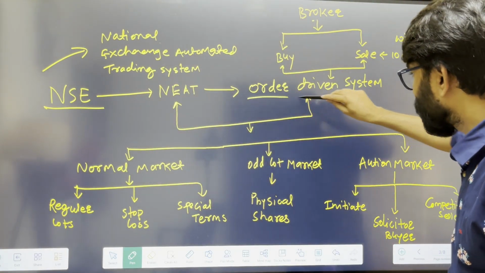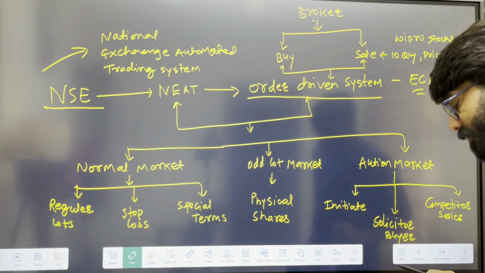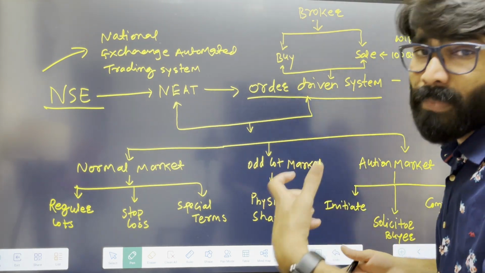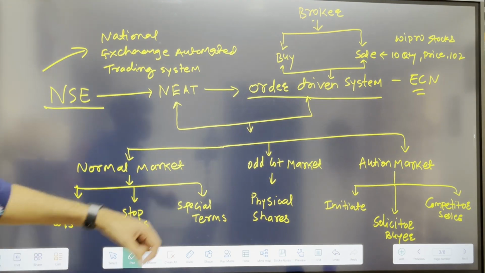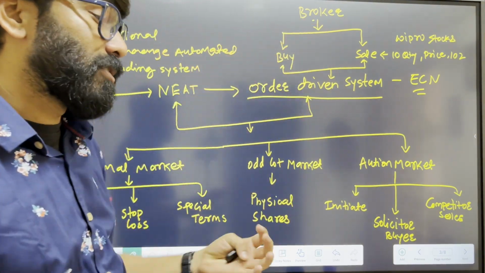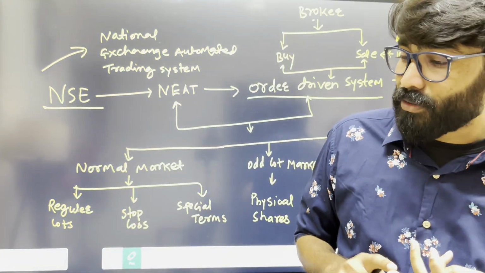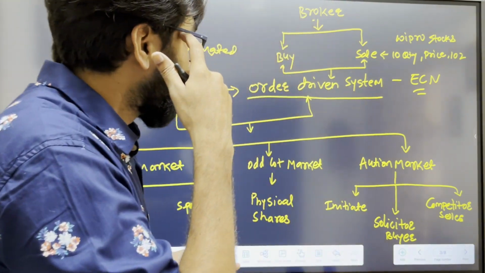So it means, again, ECN. They send the orders to the ECN, and that order will automatically match. That's how your front office job comes into the picture, where you need to send the orders. First of all, appoint a broker, open a trading account, and open even a demat account. That is also required to store the securities in your demat account, right?